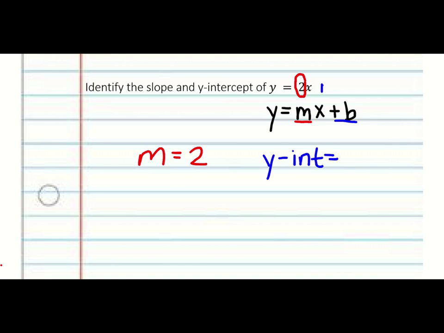So this is almost as if there's a 0 being added to the 2x, because I don't need to write down if I'm adding or subtracting 0, because that doesn't change anything. So when nothing is being added or subtracted, your y-intercept is always at the point 0, 0. So when nothing's there, think about what number means you have nothing, and that is 0.